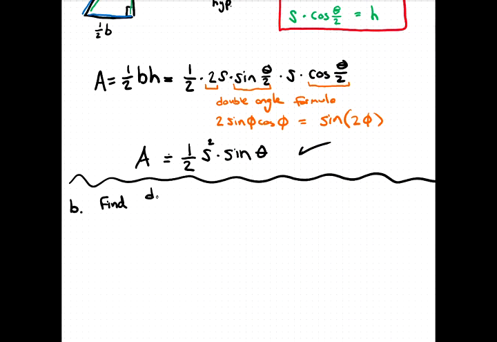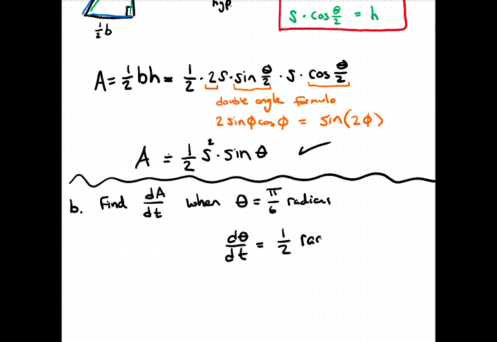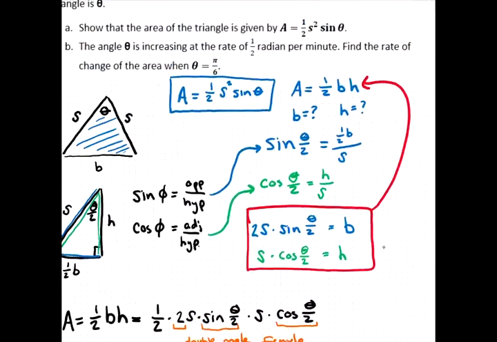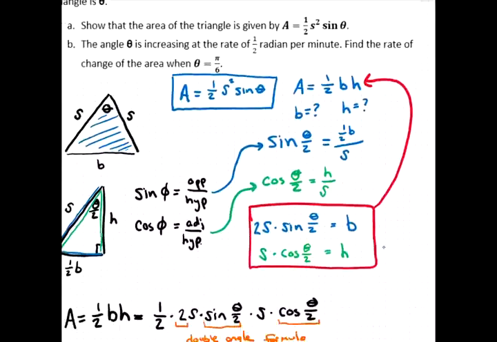So find dA over dt when theta equals pi over 6 radians and d theta dt equals 1/2 of a radian per minute. Okay, and that's everything.